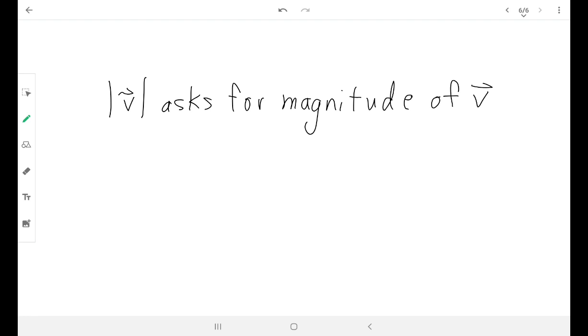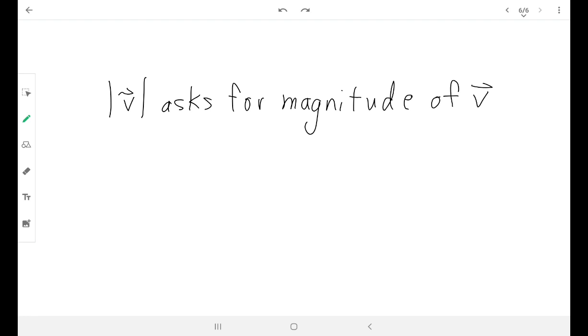Okay, so it's asking for the length, which should make sense because absolute value means the distance from 0, that is the length. So absolute value is asking you for a length, a distance. And the same thing here for the magnitude of a vector. We're asking you for its length, its distance from beginning to end.